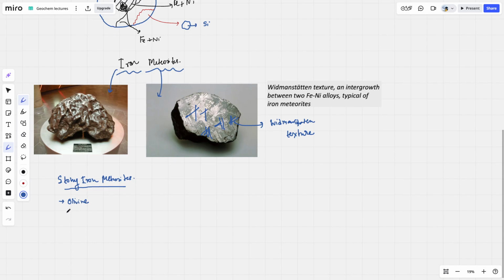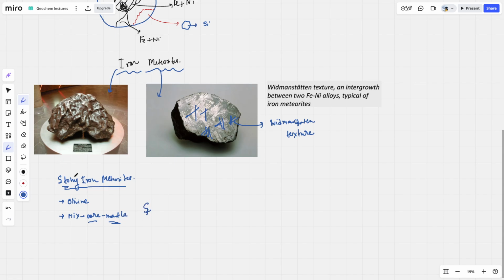Olivine crystals are there in the matrix. They are possibly impact generated mixtures of core and mantle materials of differentiated planets. Okay, so they are a mixture of core and mantle material. Why core and mantle? Because we have iron which comes from the core, and this is also stony which comes from the mantle. That's why it's called a stony iron meteorite.